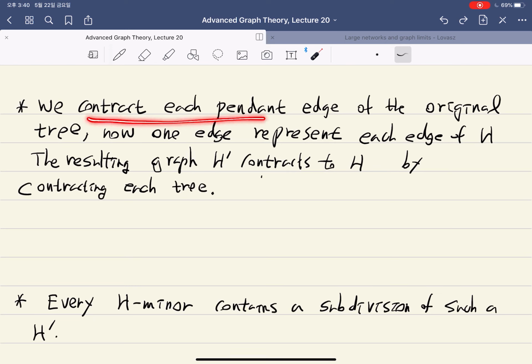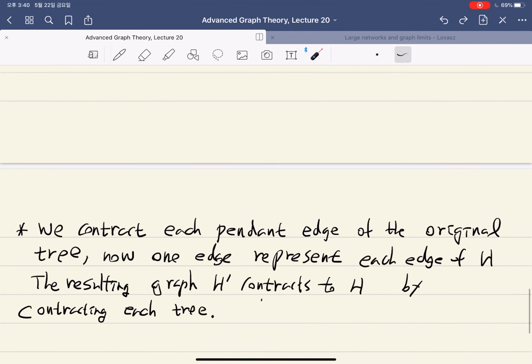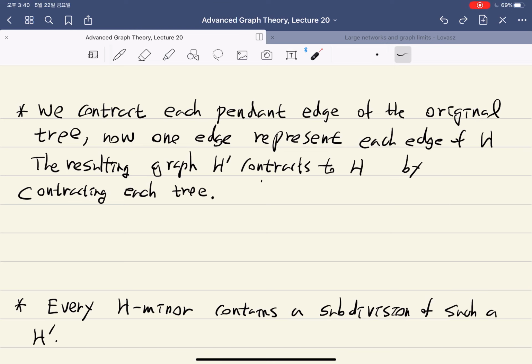So we contract each pendant edge of the original tree. Now these three edges become one edge. They each represent each edge of H, and let's say the resulting graph is H prime. Then this H prime contracts to H by contracting each tree.